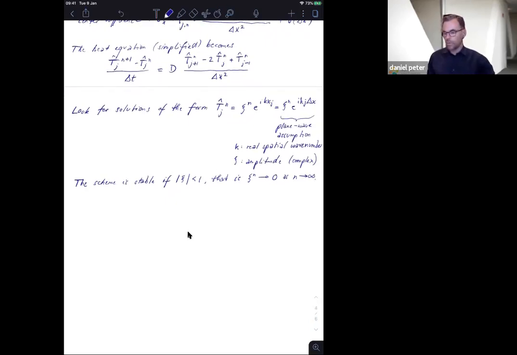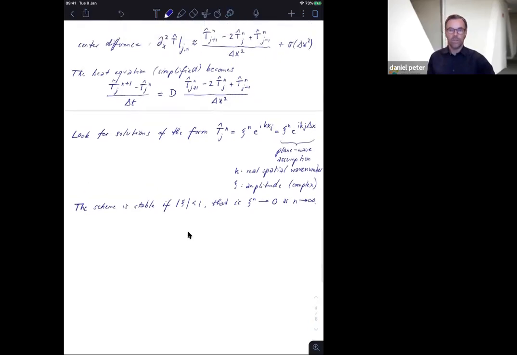Do we have 2 more minutes? Then we can write it down for this scheme that we have above, the discretized heat equation.